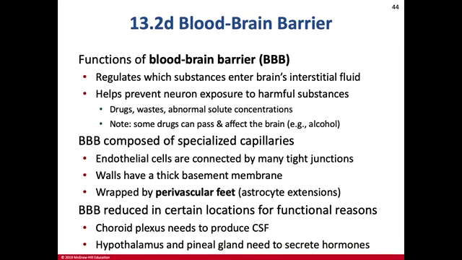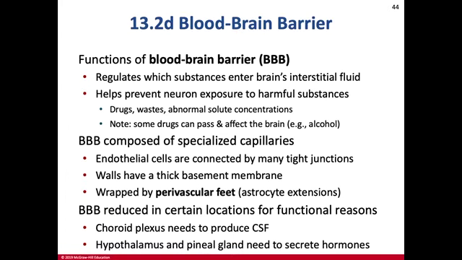Remember, though, that some molecules aren't going to be blocked by the blood-brain barrier and will pass right through it because they are hydrophobic. Alcohol is an example. Certain drugs like anesthetics can do this as well, okay? And this is one of the reasons why we have to be careful around lipid-soluble compounds, because they're not restricted in terms of where they can go, okay?